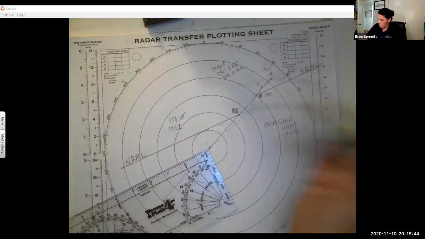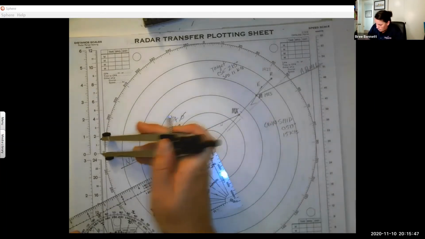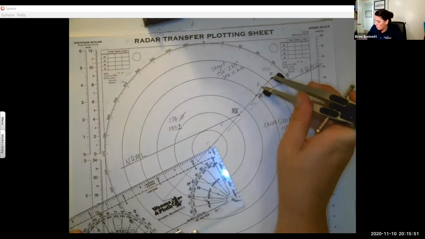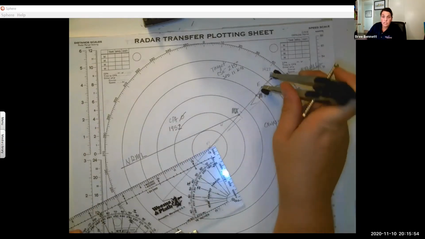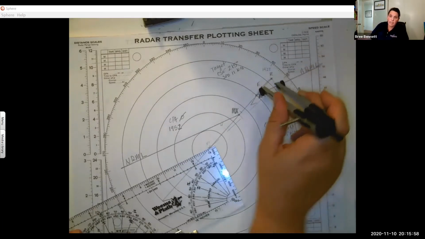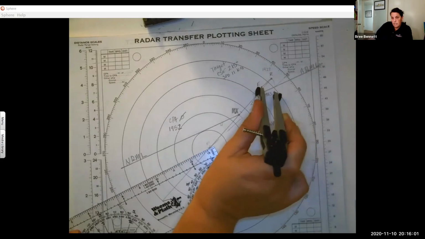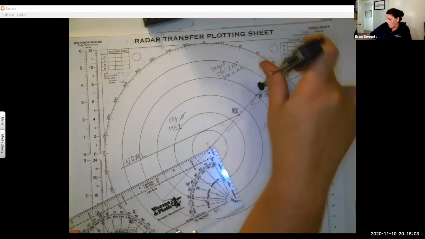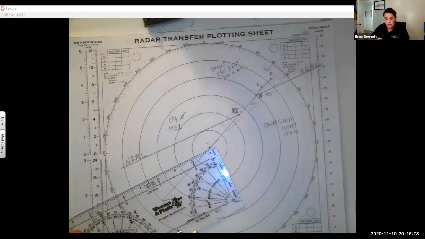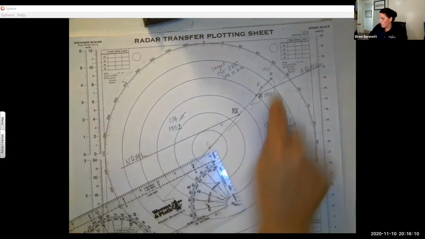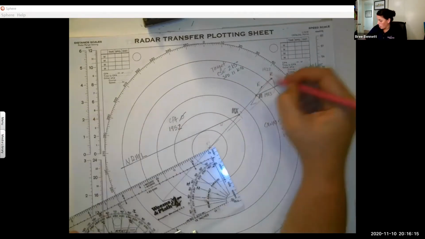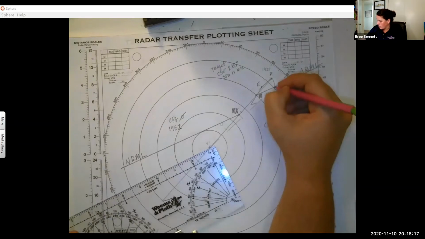Now, if I don't change speed, so I have my 1.5, right, here's E, my 1.5, and I'm going to turn to the right. I want to turn to starboard, so I'm going to swing my compass here to starboard. So where does my arc cross my new relative motion line?